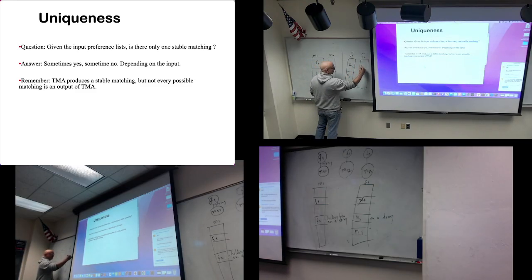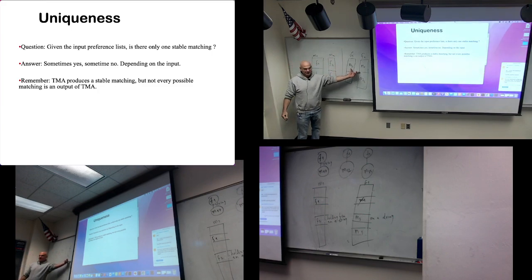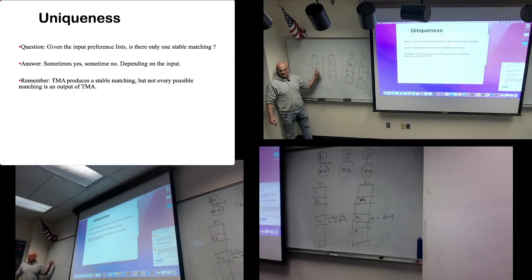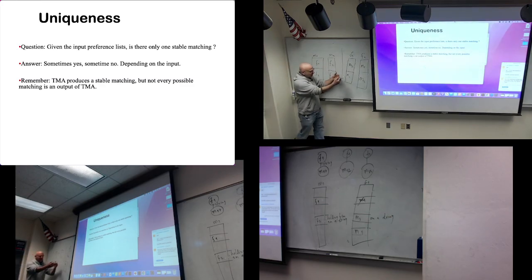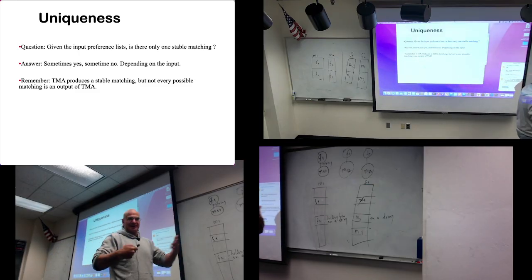Female 2 prefers male 1 over male 2. And we switch roles. Now the females are the ones making proposals. The males are rejecting or putting on a string. The algorithm is still the same algorithm. We just proved that the TMA will produce a stable marriage.